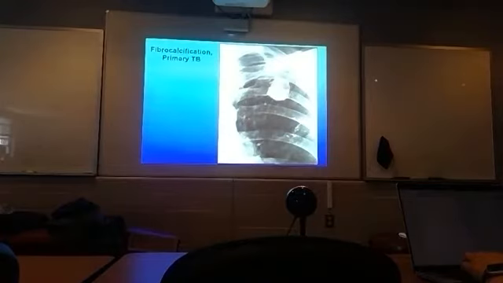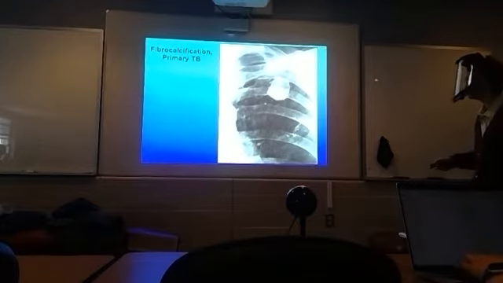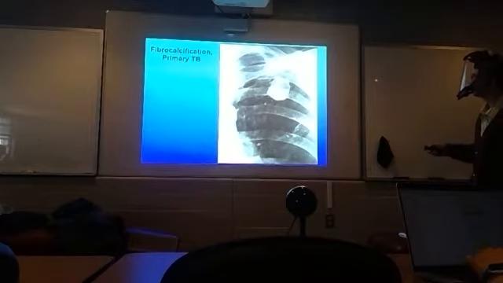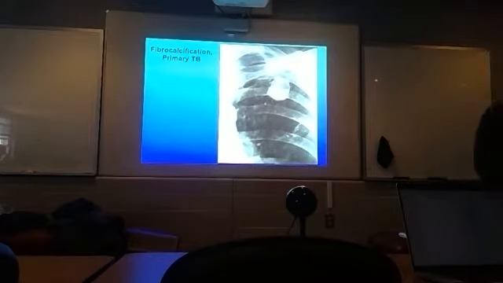It looks like this. This is an example of a fibrocalcific nodule developing in primary TB. We're looking, of course, at the left lung field, with the cardiac silhouette here. Look in the apex of the field, you can see this radiodense nodule. That is the fibrocalcific nodule.